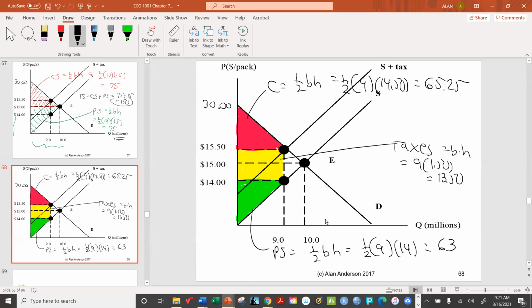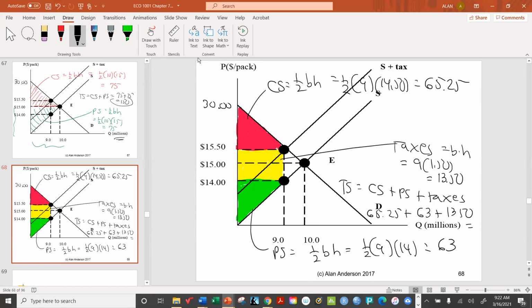So with total surplus, if you include the taxes, this is CS, sorry, right here, consumer surplus. The taxes have to be counted because that's revenue that the government can spend presumably on something useful. That's 65.25 plus 63 plus 13.50.